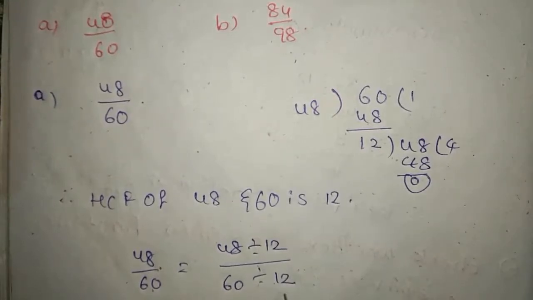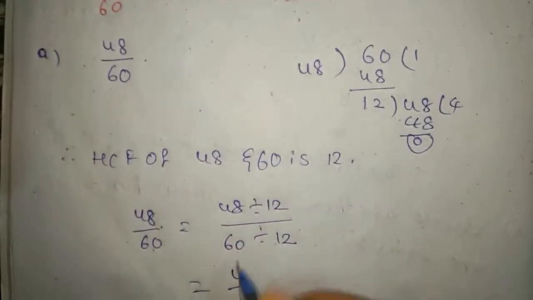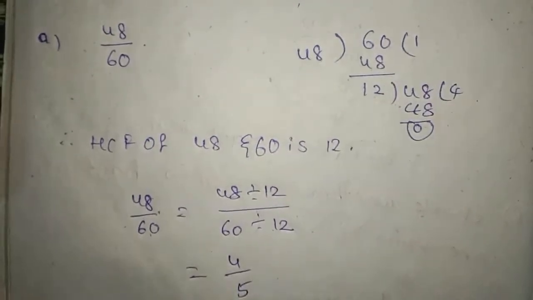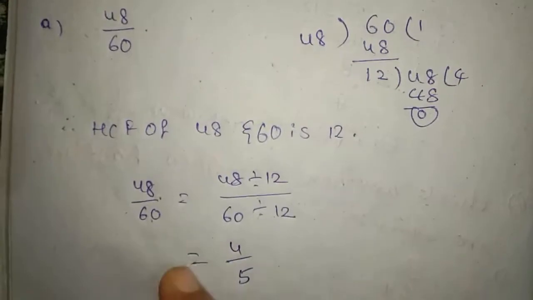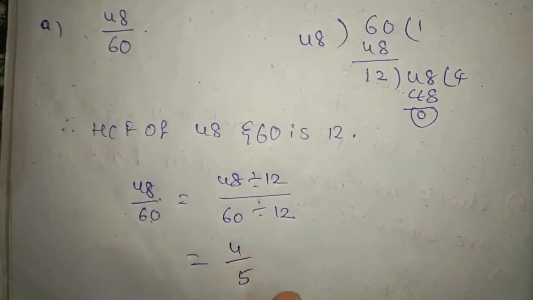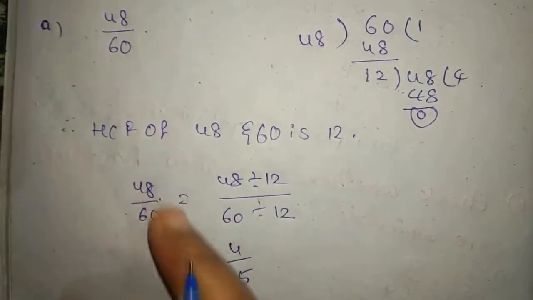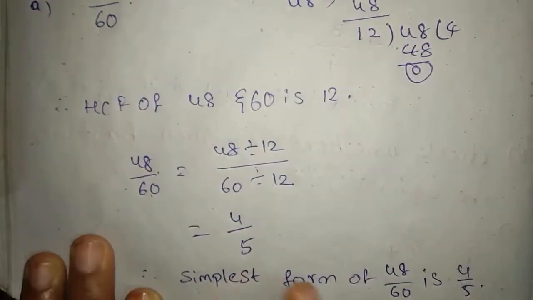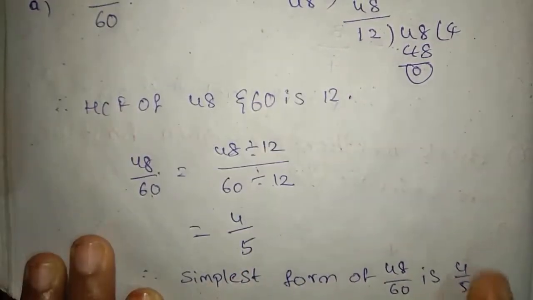And 60 by 12, 12 fives are 60, so 5. That is 4 by 5. Now 48 by 60 is equal to 4 by 5. This is the simplest form of 48 by 60.